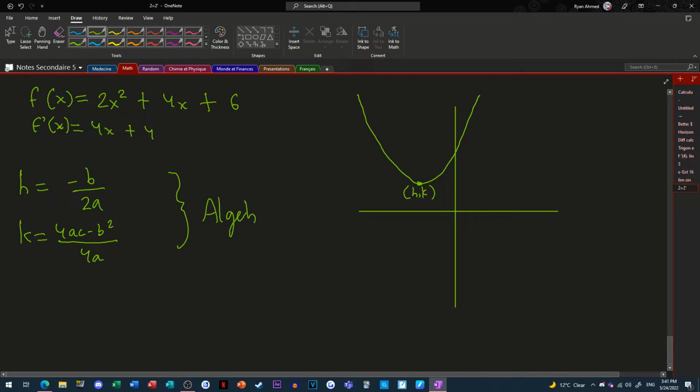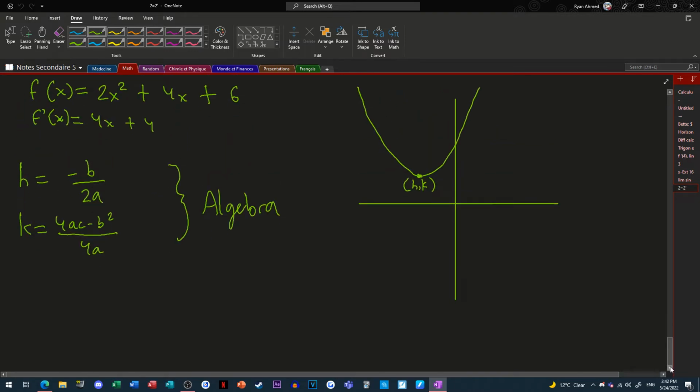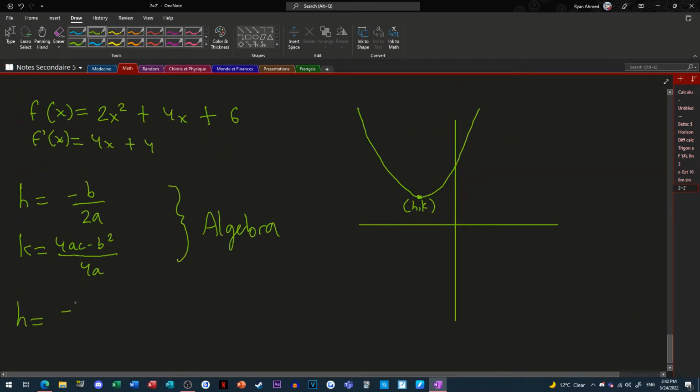I mean, we're still going to be using algebra in the next thing that I'm about to say, but anyways. I could even find the vertex of the function quickly. So h would be minus b, which is minus 4, divided by 2 times a, which is 2 times 2, which is 4. So this would be minus 4 over 4, which is minus 1.